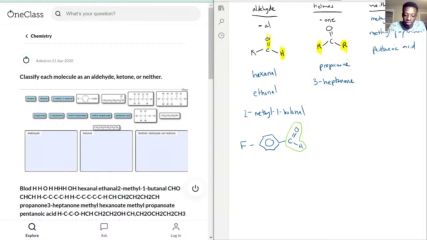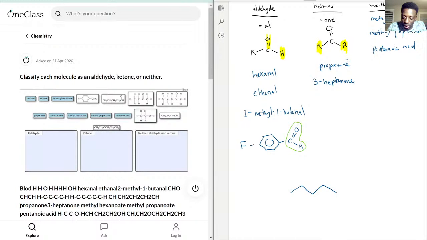Okay, and now we have CH3, CH2, CH2, CH2, CHO. You see right away there is a double bond and it's on the last carbon, so you can kind of tell that it's going to be an aldehyde. But this formula will kind of look something like this. So there's 1, 2, 3, 4, 5. So kind of like this: 2, 3, 4.